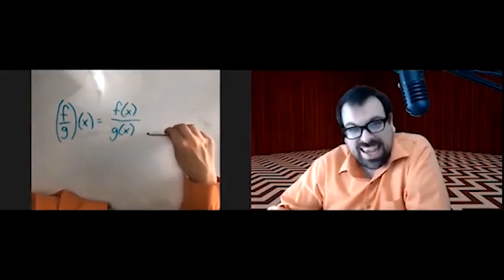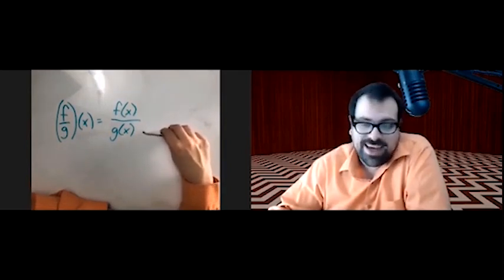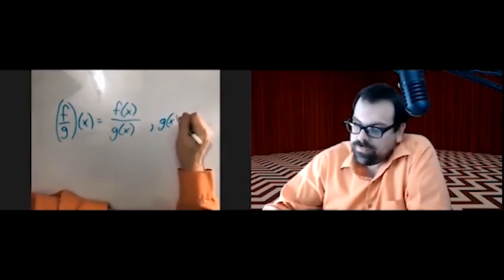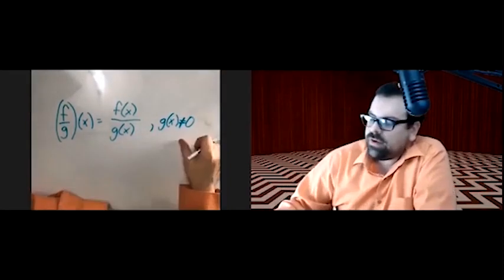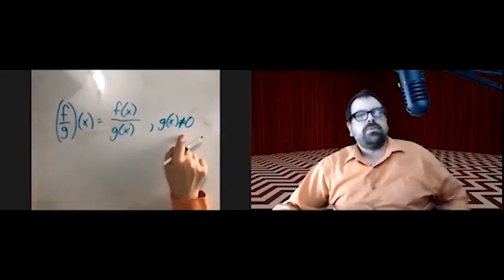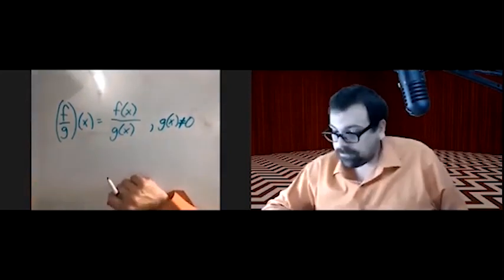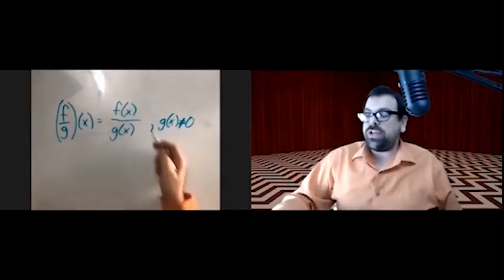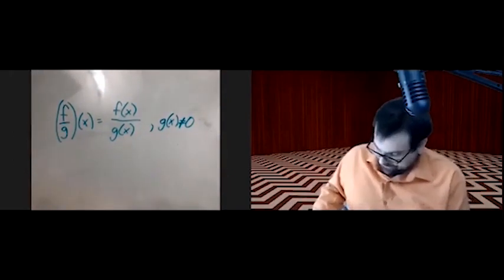There's a certain thing we can't have on the bottom of fractions, and therefore it's a certain thing g of x can't equal. G of x, if we're expressing f over g, can't be 0 because we can't divide by 0. That makes this a restriction of this function.